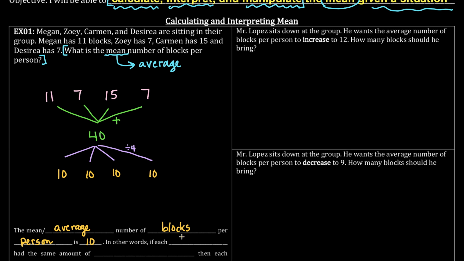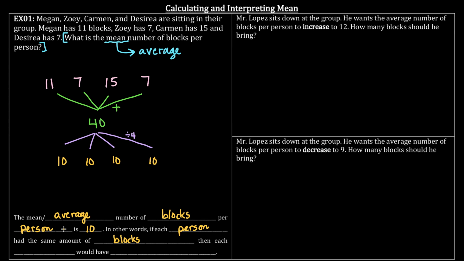In other words, if each person had the same number of blocks, then each person would have 10 blocks. Make sure to put the units, 10 blocks. So if each person had the same amount, they'd each have 10, right?